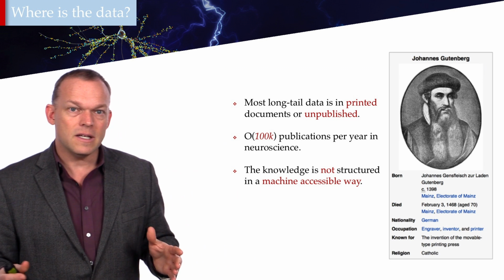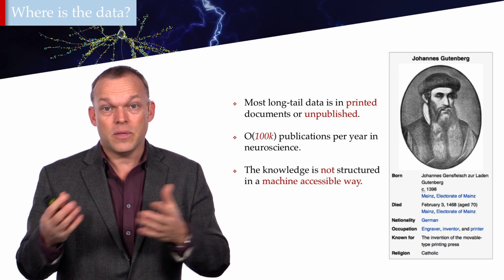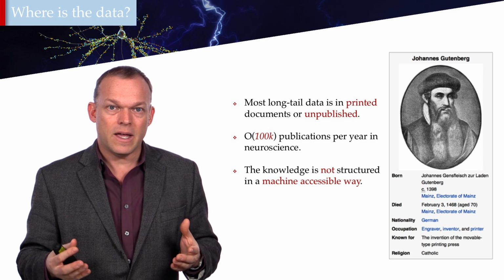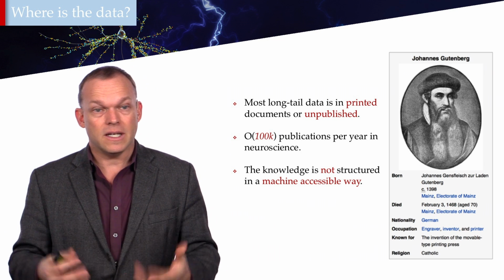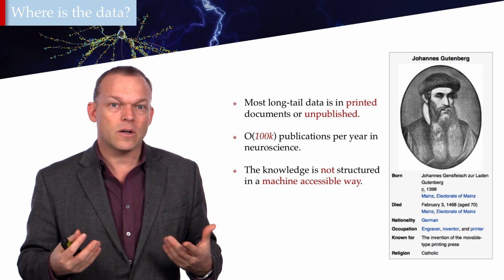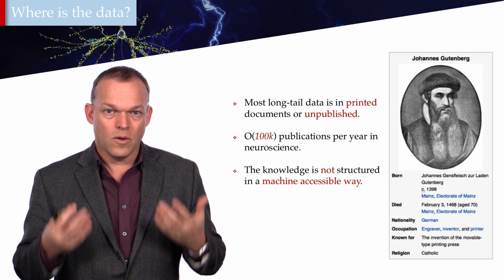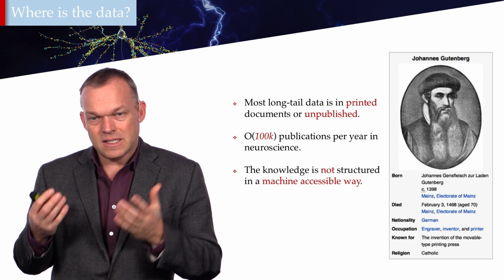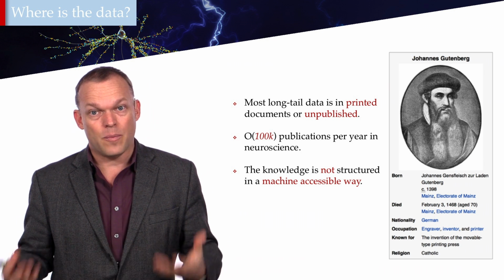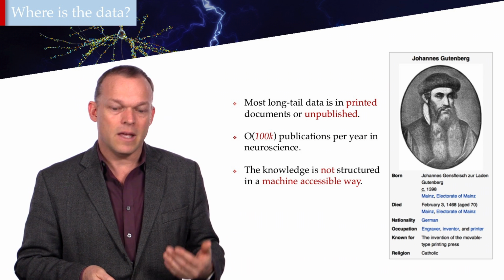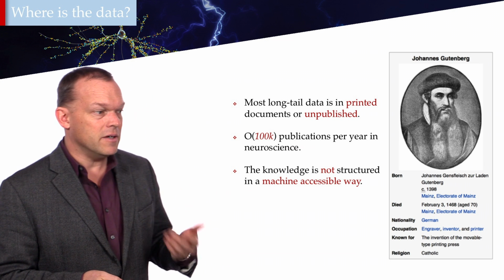But unfortunately, a print publication or a PDF is not a machine accessible way to get data or even to get knowledge. It really requires reading the paper, understanding what is talked about and seeing if you can extract the data from that paper manually. And that's a massive challenge. And it's not an efficient way for the future of sharing data.